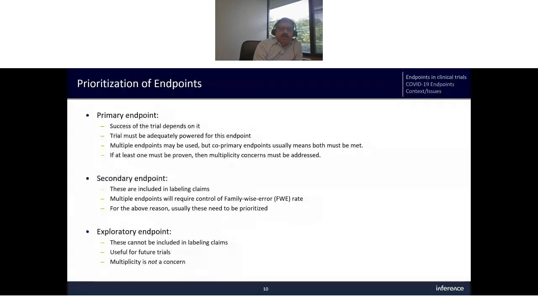And in COVID trials, I see some of the trials that are already in the public domain. Sometimes you see 20, 25 different endpoints which are called secondary endpoint. I mean, they're okay, but without any multiplicity adjustment, it would be difficult to place them in the product label. And the other bucket, the exploratory endpoint, can be anything. You don't need multiplicity adjustment. These are for learning and for preparing for the future.